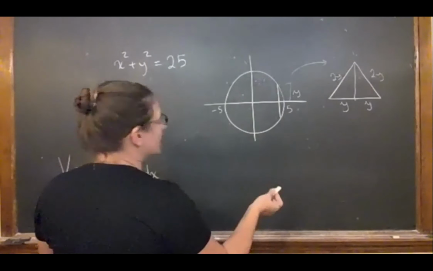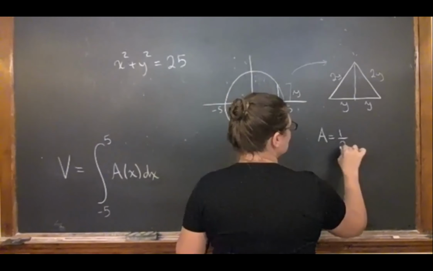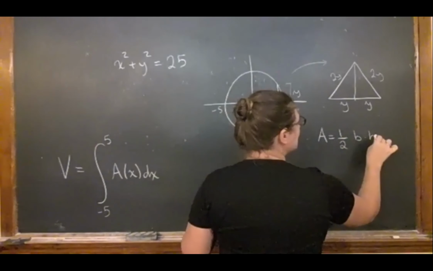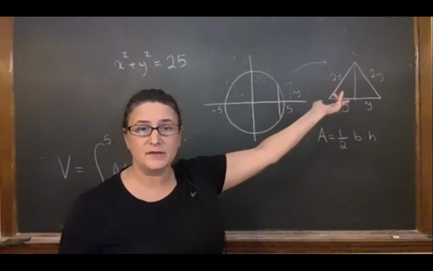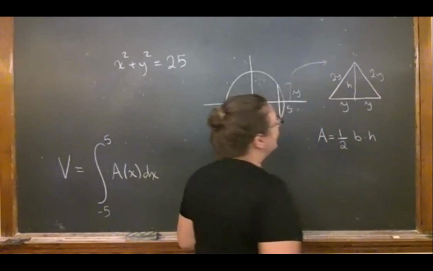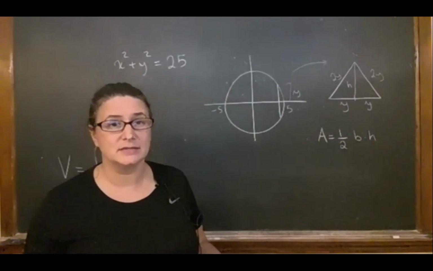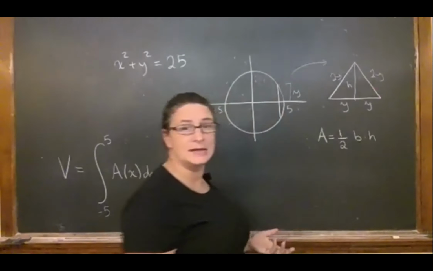So what's the area of a triangle? It's 1/2 base times height. I know the base is 2y. I have to figure out the height. So here's my height. But they also told you it was an equilateral triangle, so if I look at this, it's like a 30, 60, 90 deal.